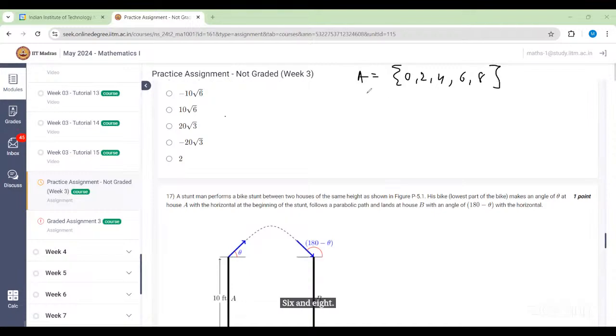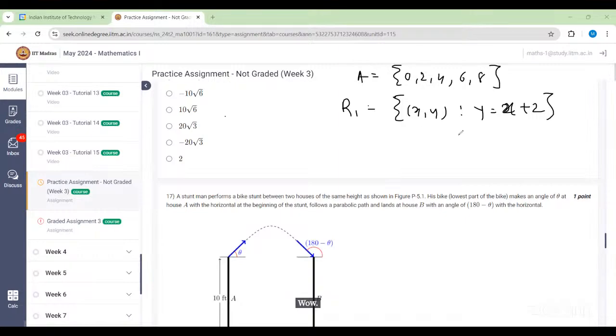My R1 is (x, y) such that y is equal to x plus 2.